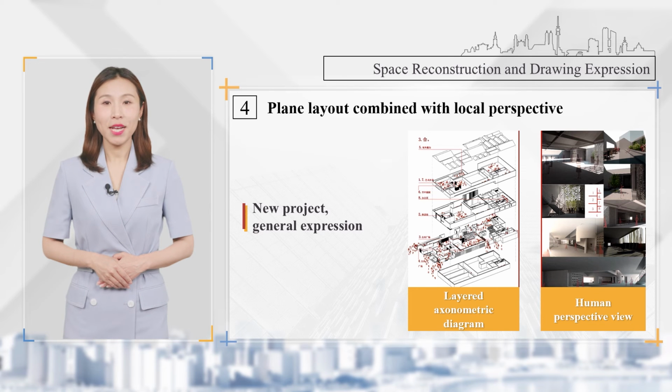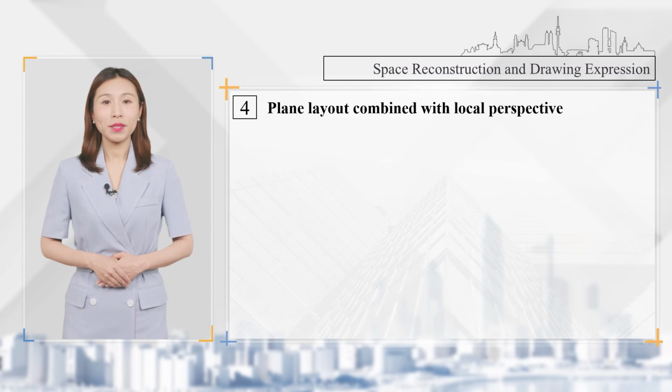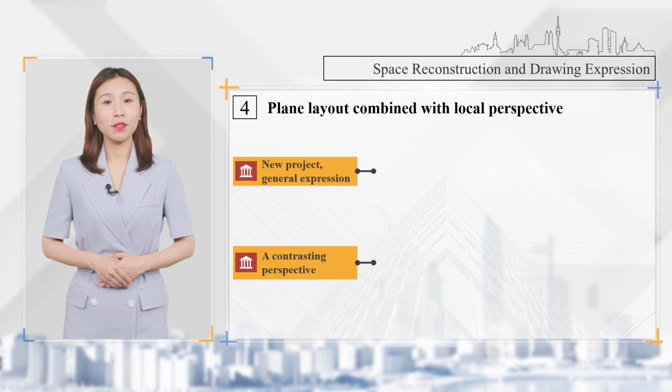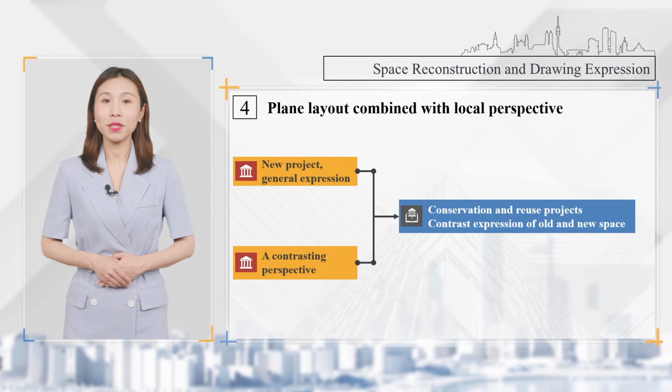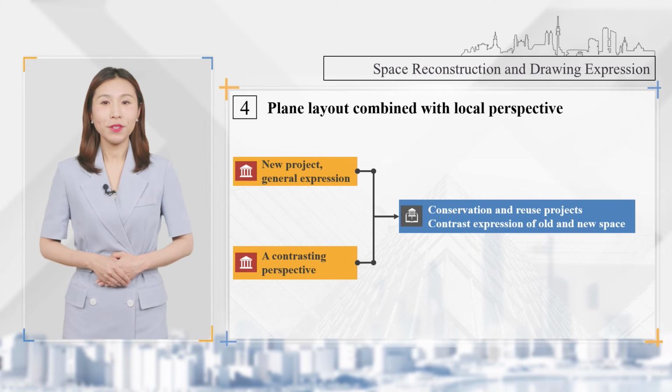For reuse projects, we still want to use that expression, but a new concept needs to be introduced, which is the contrast between the old and the new. We want to have a contrasting concept in the perspective, showing what it was like before reuse.